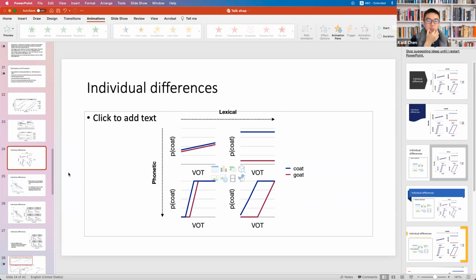Yeah, because we didn't quite see people like that. If they're not using any of the cues, they may be treated as not really doing the task, so they have been taken out as outliers from the data set.